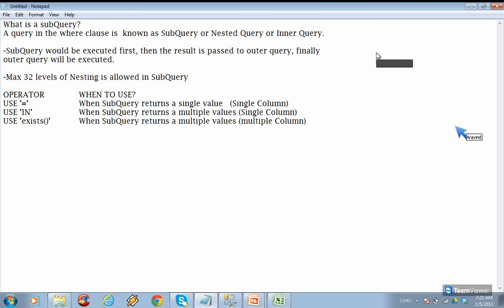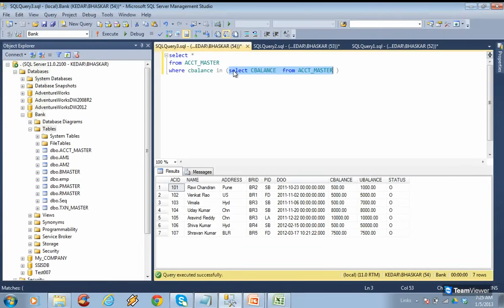So let us understand what is the difference between a subquery and a correlated subquery. Always in a subquery, the inner query will be executed first, but in a correlated subquery this is different. Ulta, the opposite. The outer query will be executed first and then the result is passed to the inner query. This is a completely opposite way. In a normal subquery, the inner query is executed first, then the result is passed to the outer query.